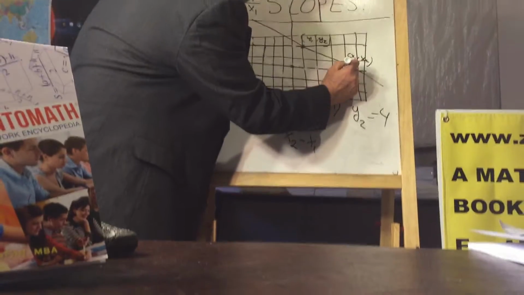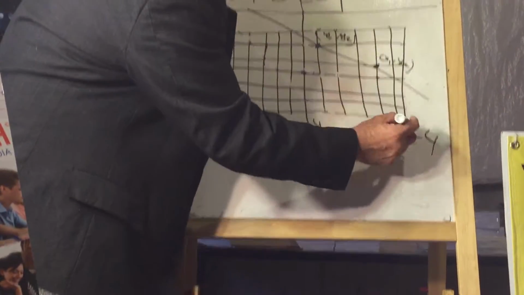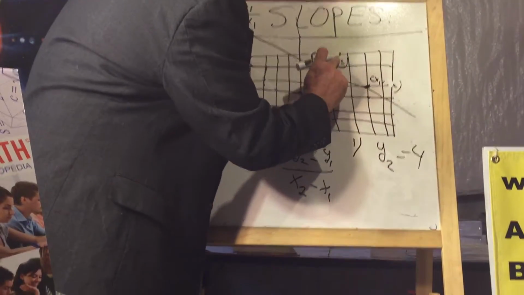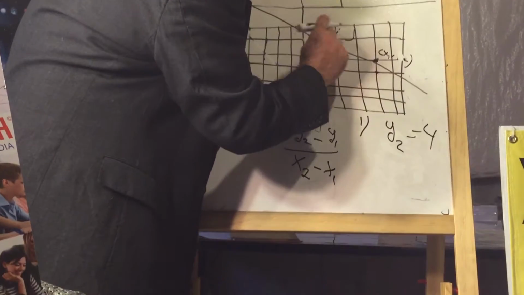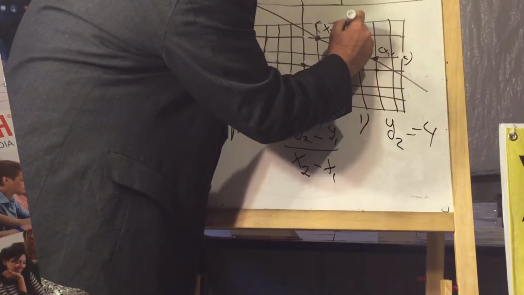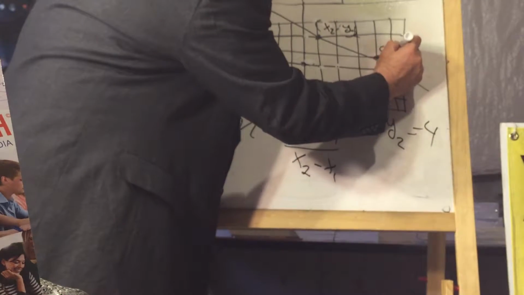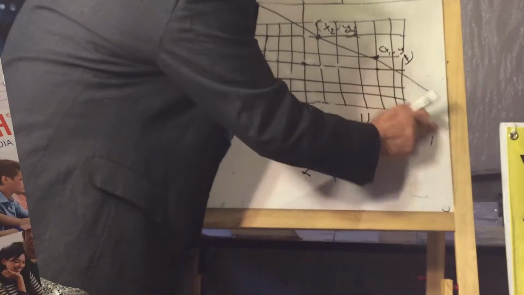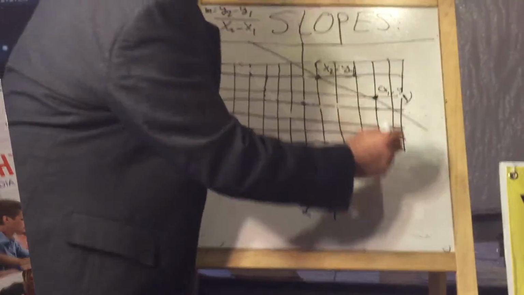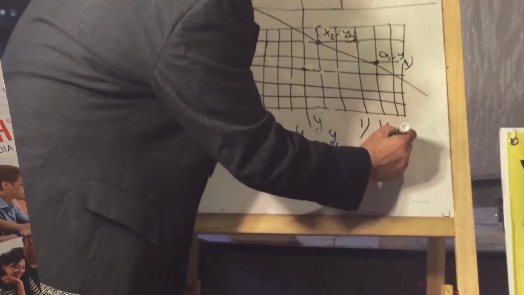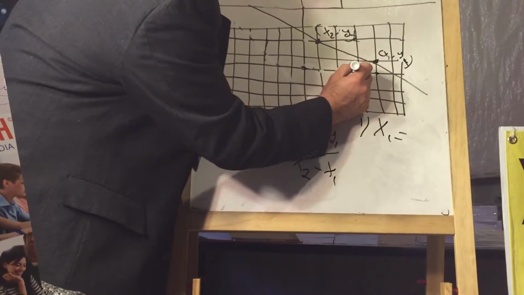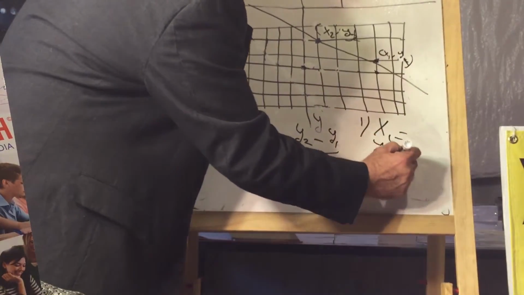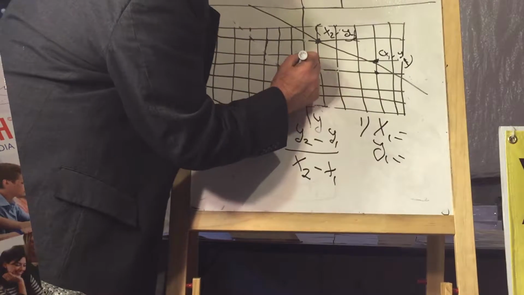Now y1 is 1. So x1 is 4 and y1 is 1, because you go over here, right?